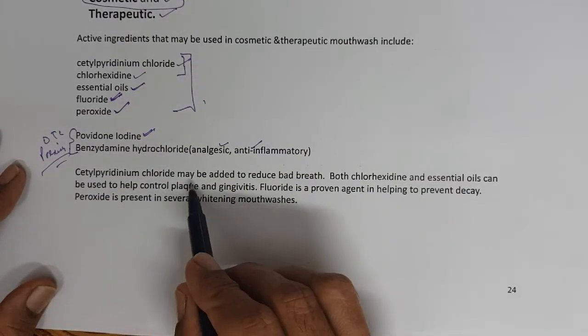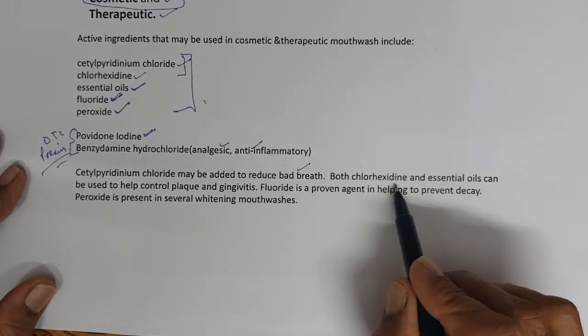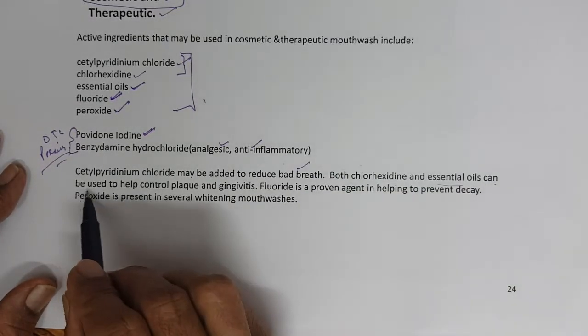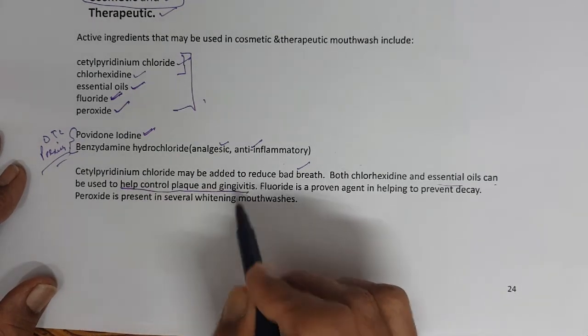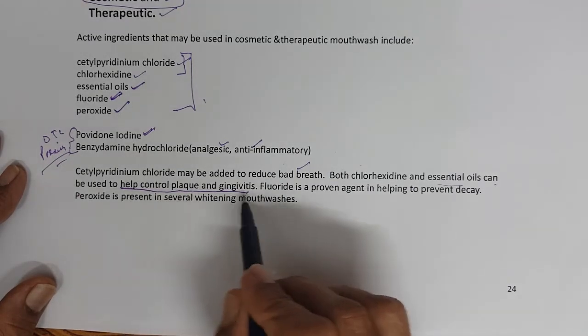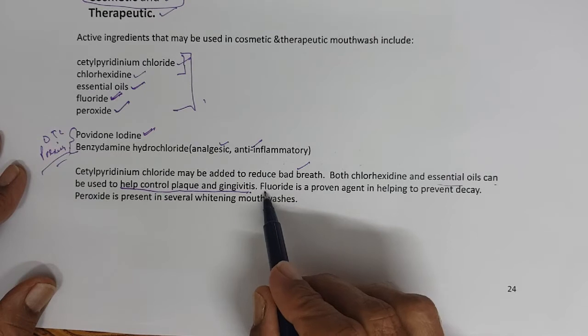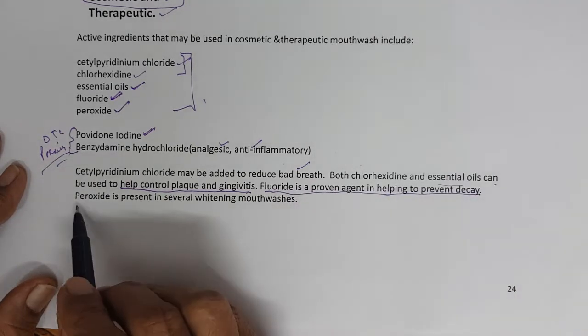Cetyl pyridinium chloride may be added to reduce bad breath. Both chlorhexidine and essential oils can be used to help control plaque, not to treat plaque and gingivitis. Fluoride is a proven agent in helping to prevent decay.